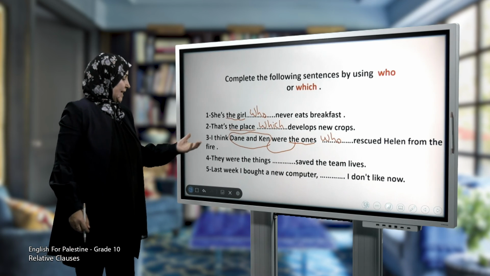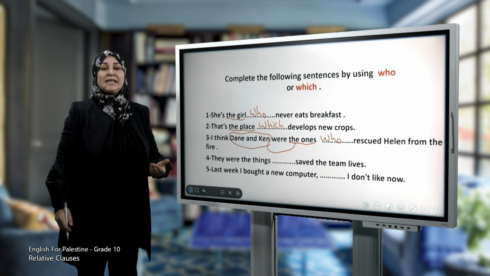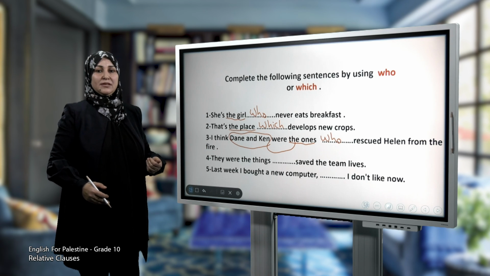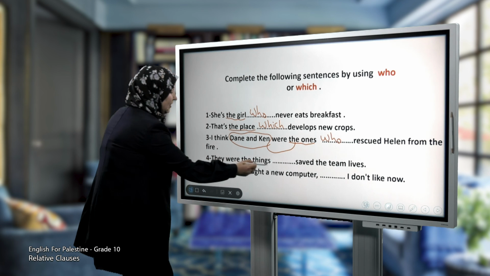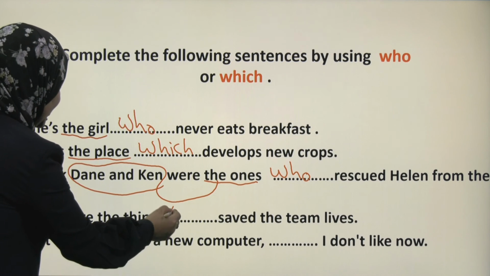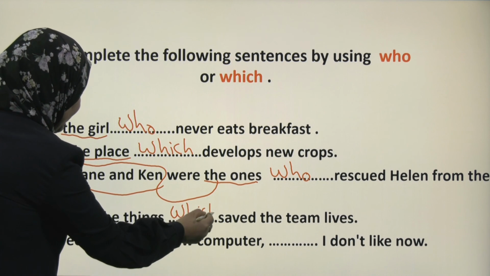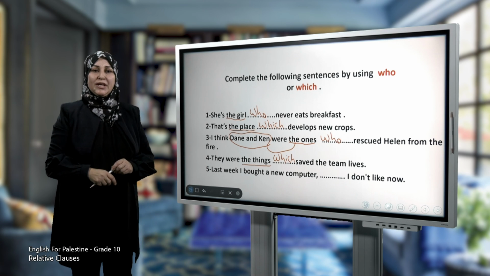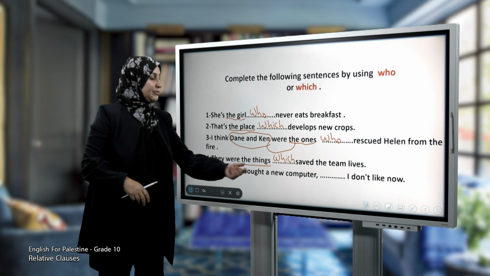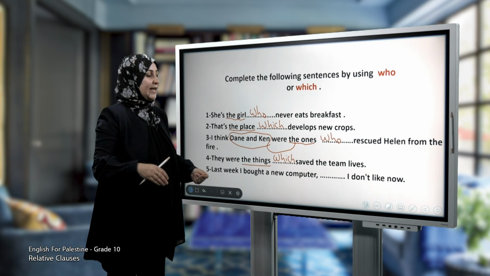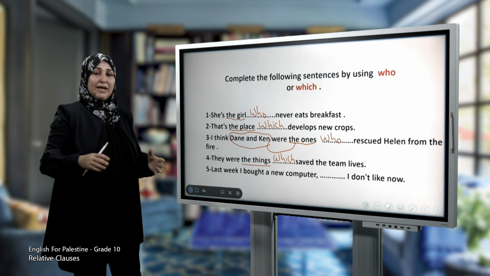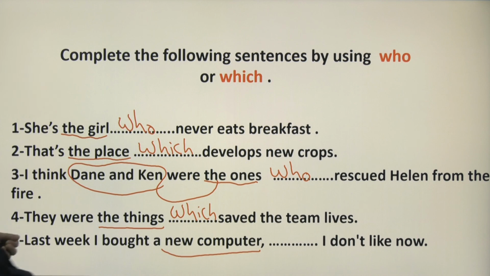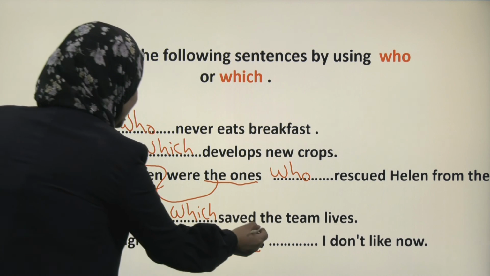Number 4, they were the things which saved the team's lives, so we use which for things. Number 5, last week I bought a new computer. I don't like it now. Here we are talking about the new computer, so we use which.